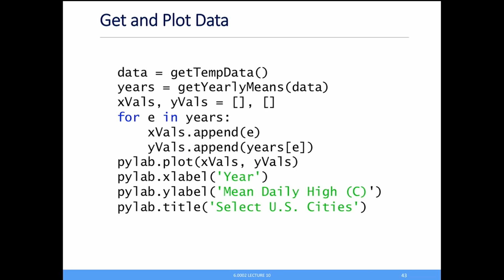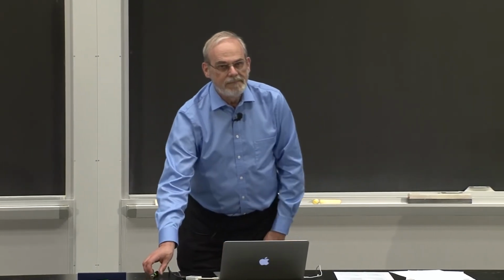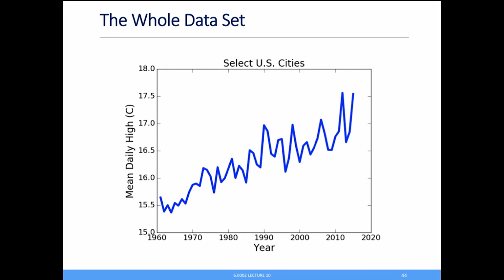Get the data, get out the information by computing those yearly means, run through a little loop that basically in the x values puts in the year, in the y values puts in the high temperature, and I can do a plot. And if I do that, I get that. I'll let you run this yourself.